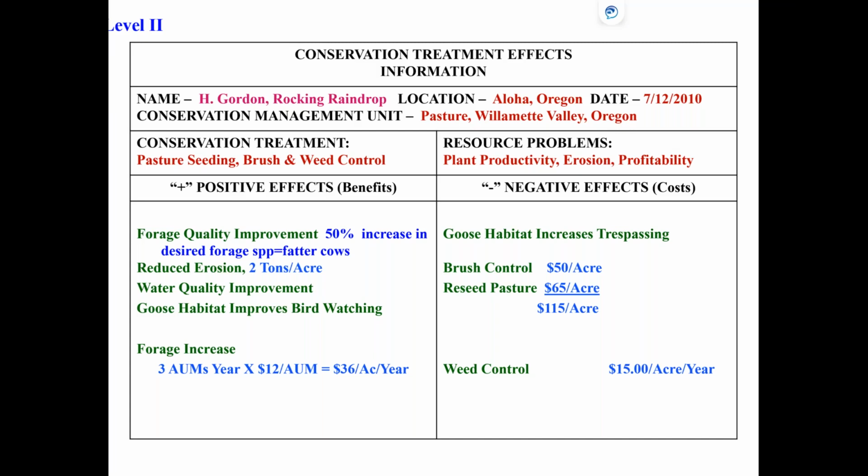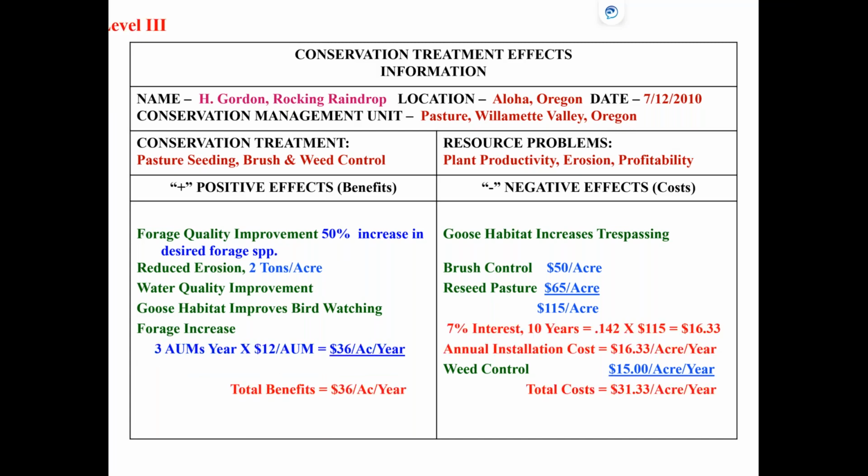If you want to go to the next step and help them start their economic analysis, you can do a little bit of that. So there's always a cost to money, right? So if you're going to amortize the cost of installation over the 10 years of that pasture life, at 7% interest for 10 years, you have a factor here, and I'm going to tell you where to find that factor.